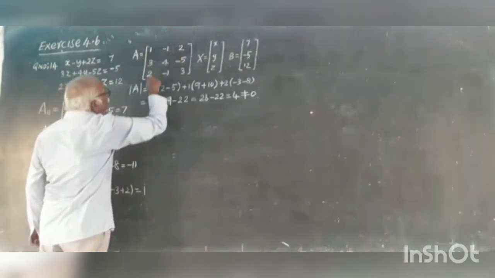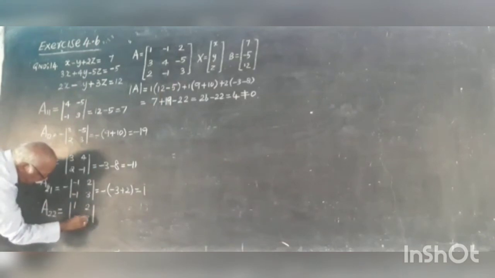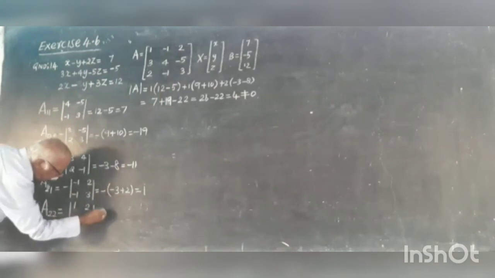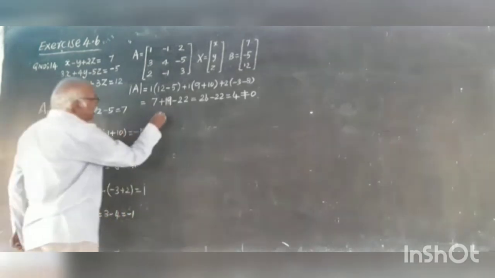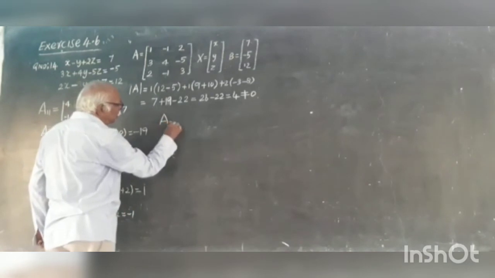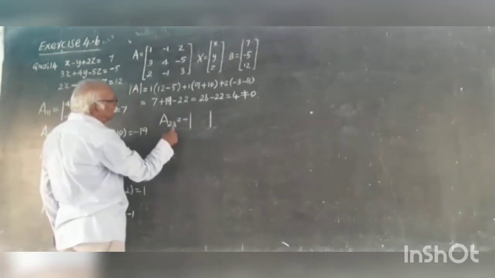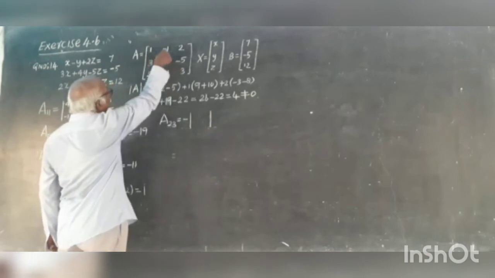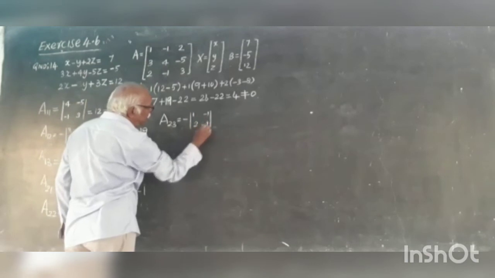A22: 1, 2, 2, 3 is equal to 3 minus 4, minus 1. Then A23 negative. Why negative? Odd. A23: 1 minus 1, 2 minus 1.